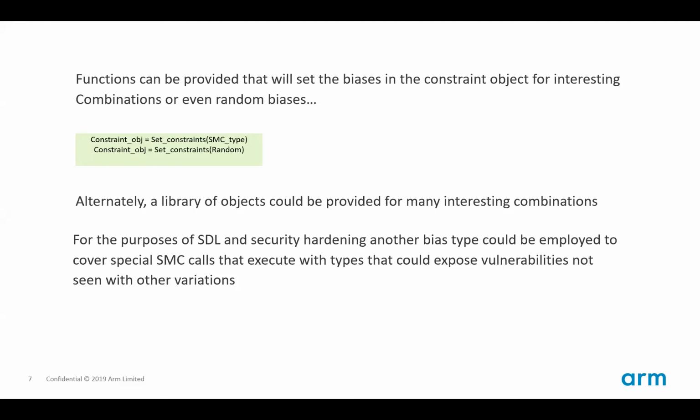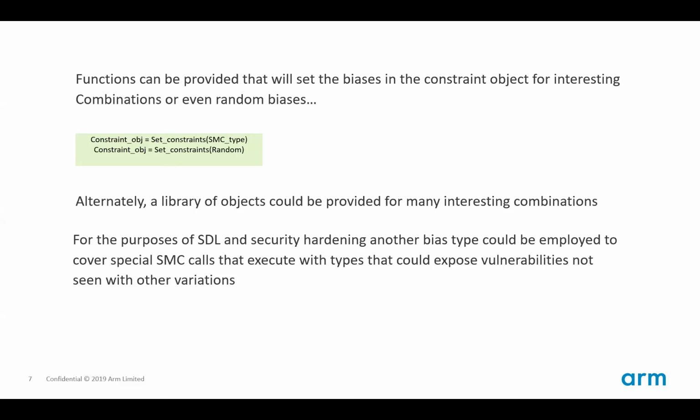If I have a security vulnerability for a particular SMC call that could expose some type of problem, then, similar to what you would do with a bug, you would start applying other SMC calls that could be fuzzing around that, but not doing coherent calls, if that makes sense.